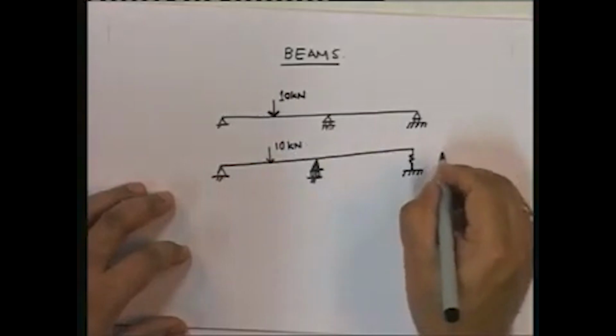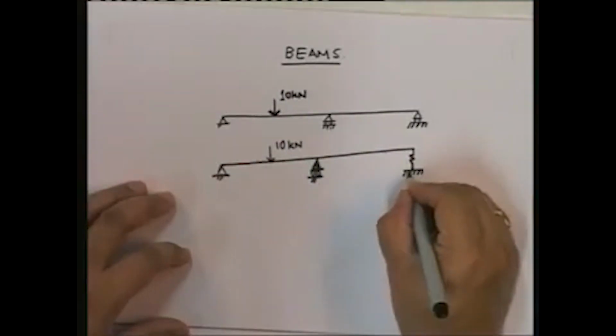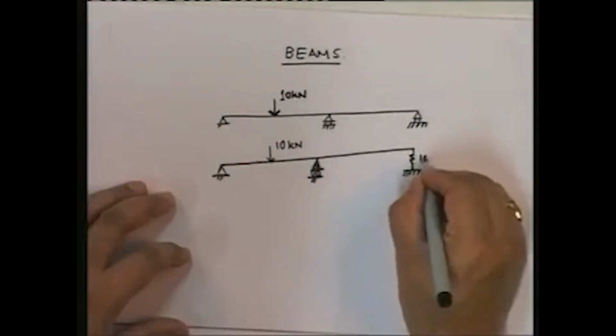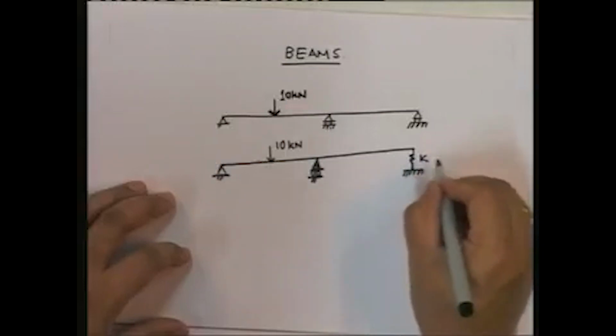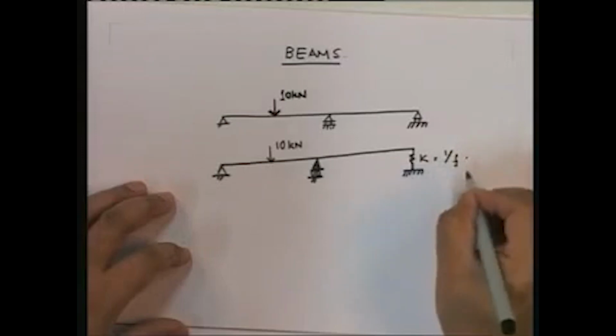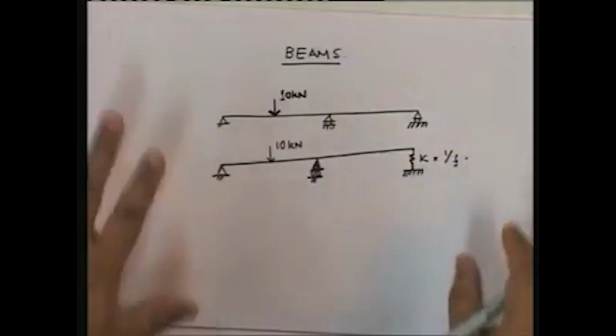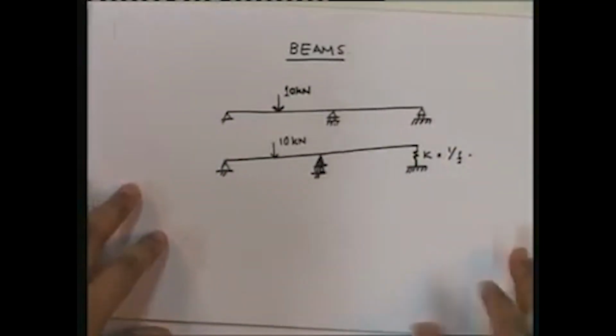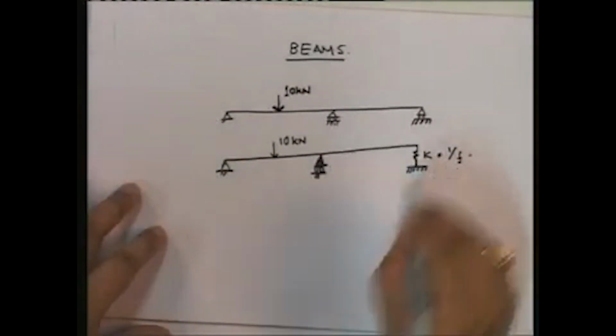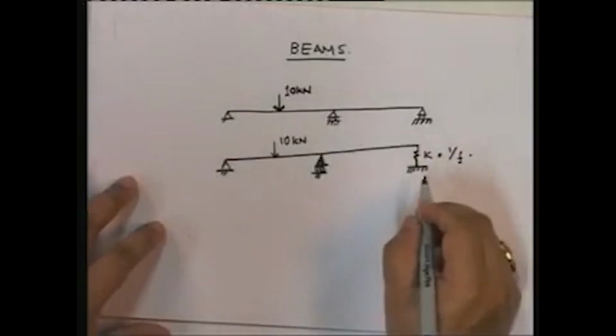And this is flexible with the spring constant K, which is equal to 1 upon F. The flexibility constant can be given. So this is the problem. Now, how would the problem change because of this flexibility? Let us see.